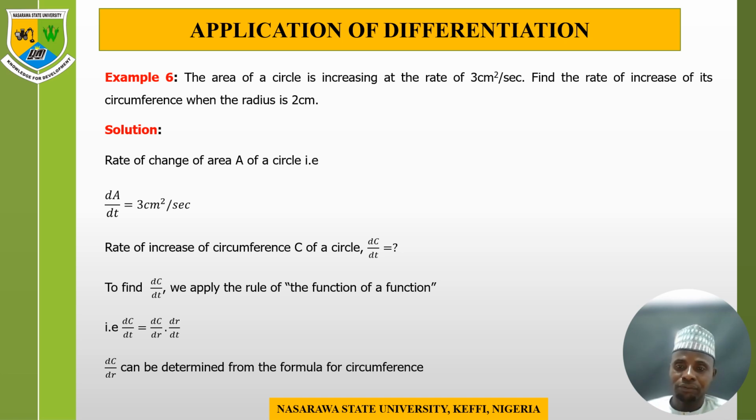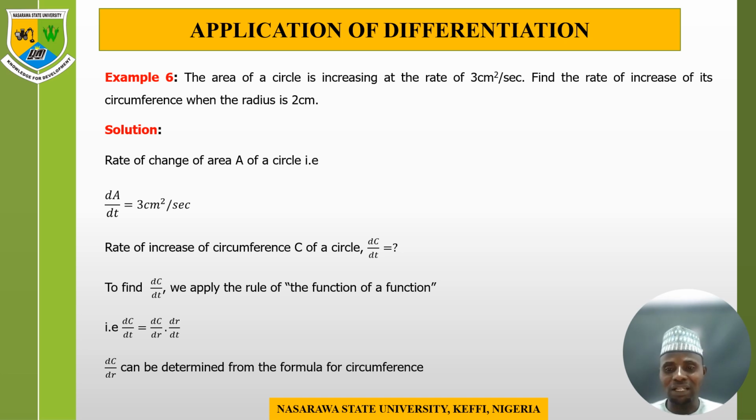So the further example now is example 6. The area of a circle is increasing at the rate of 3 centimeters squared per second. Find the rate of increase of the circumference when the radius is 2 centimeters.